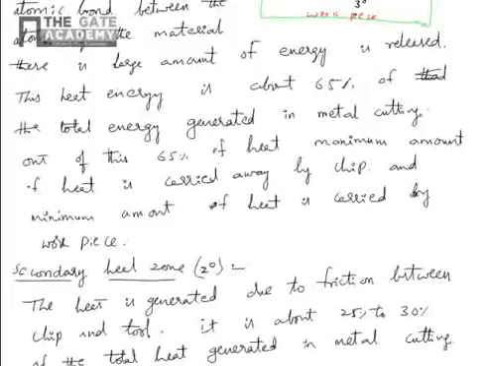Energy lost in friction is also called that. The maximum amount of heat is carried away by the chip, and a small amount of heat is carried away by the tool.